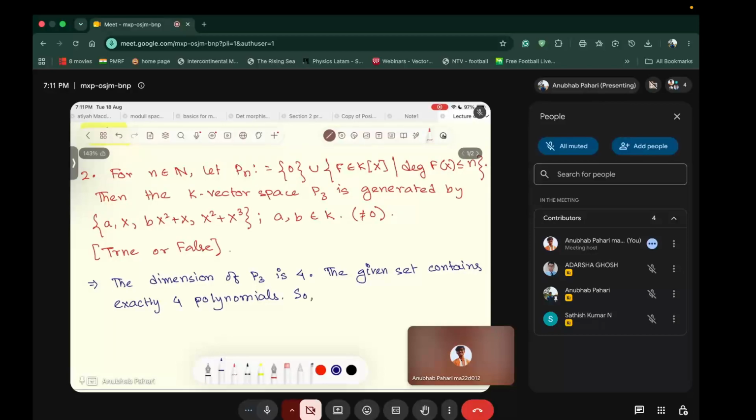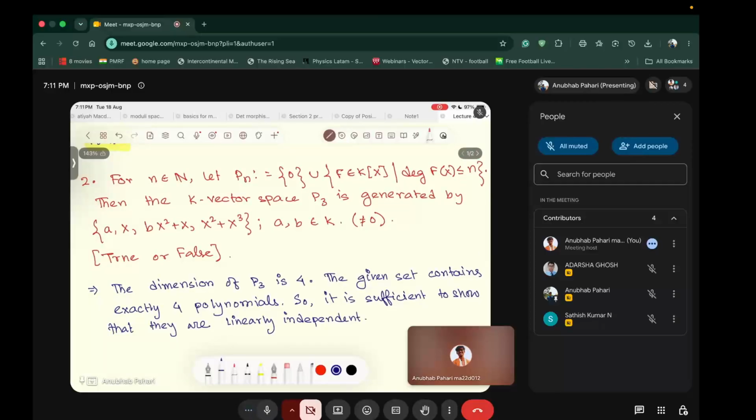So it is sufficient to show that they are linearly independent, because you know that a basis is a maximal linearly independent set, and since the cardinality would be the same as the dimension of the vector space, therefore it will be a basis.